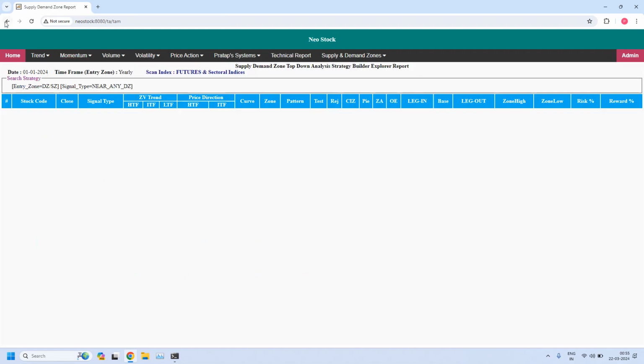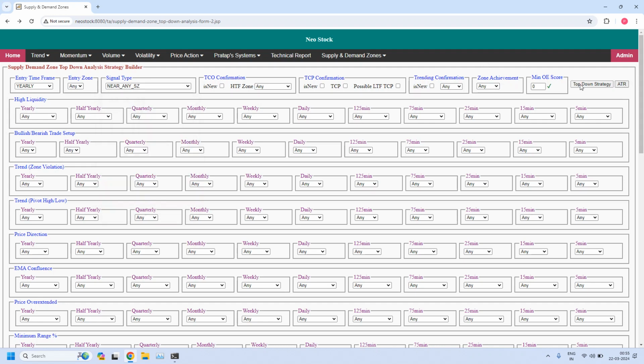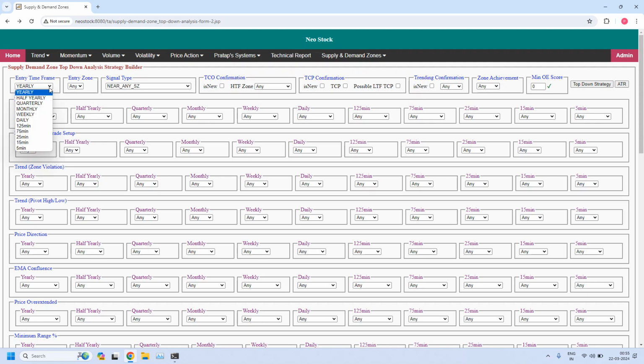No stocks are there as usual. Yearly time frame, let us find the stocks near yearly supply zone. No stocks. You might be wondering why no stocks. Because mostly all these stocks are closed inside yearly demand zone or yearly supply zone.